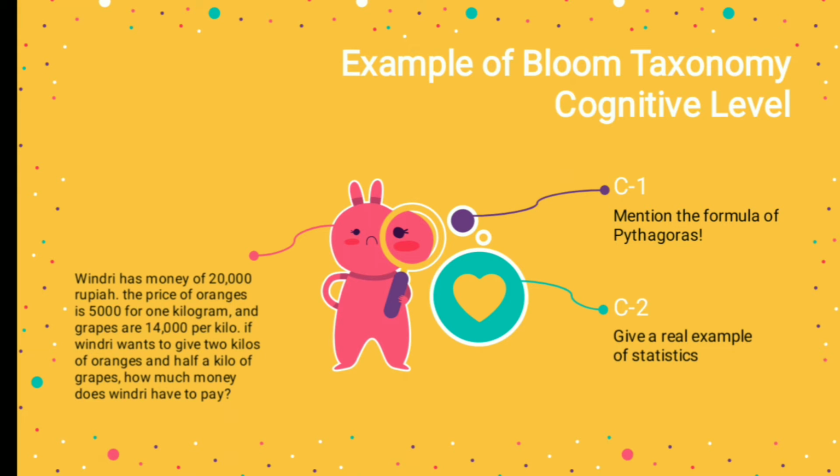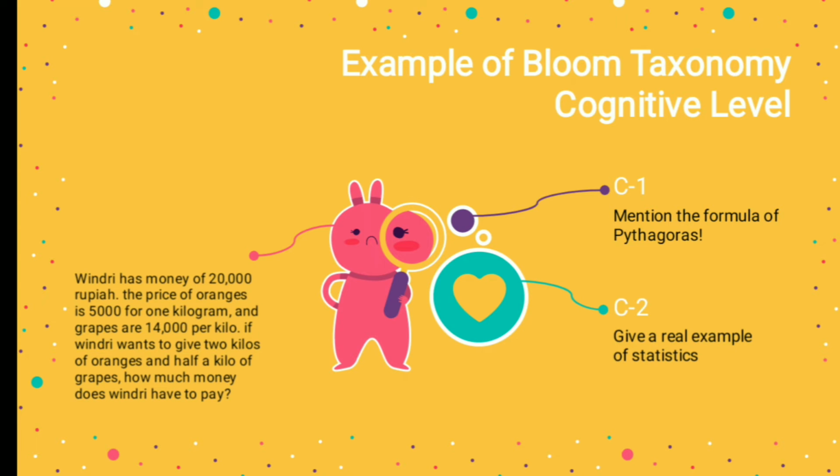The price of orange is 5 for 1 kilogram. And the grape is 14,000 for 1 kilogram. If Windri wants to buy 2 kilograms of orange and a half of 1 kilogram of grapes, how much money does Windri have to pay?